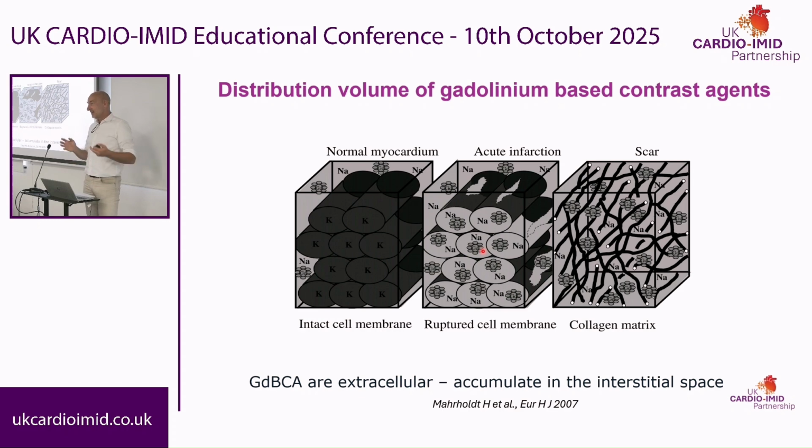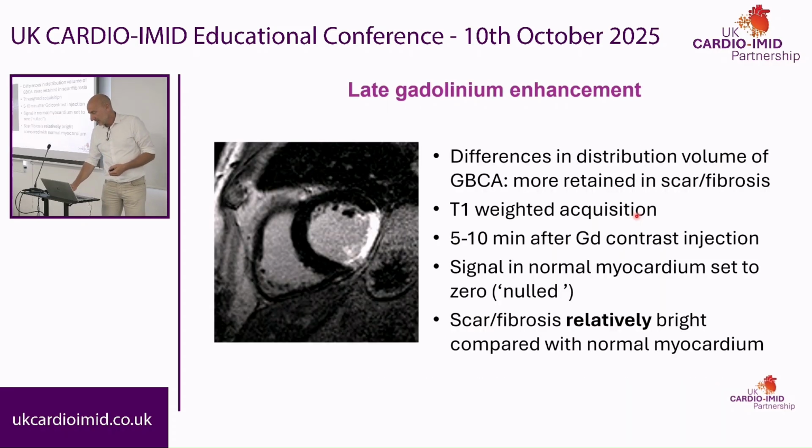It's got 100% distribution volume, so you're much brighter than an infarct. And in chronic or in focal fibrosis, the collagen gets bigger, and that's why they also accumulate in fibrotic scar. And then the typical image in a heart attack looks like this. We make the picture look bright in the scar, and we define that normal is black, but that's just a definition.